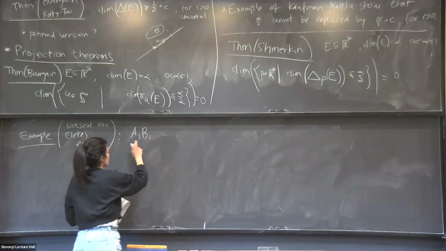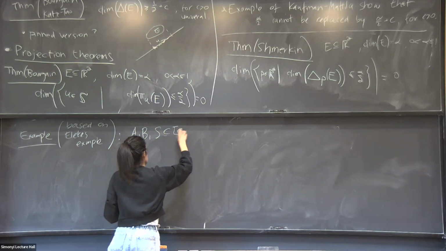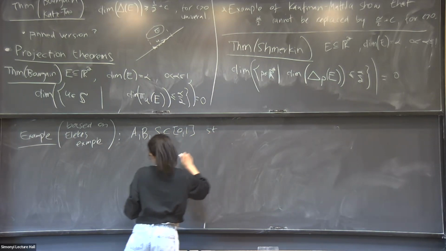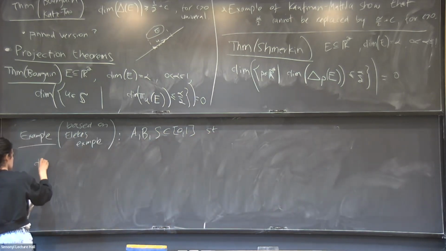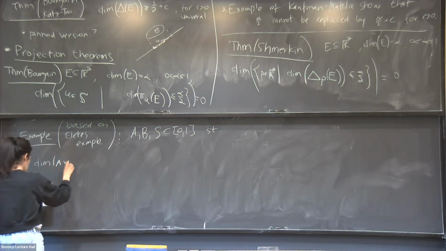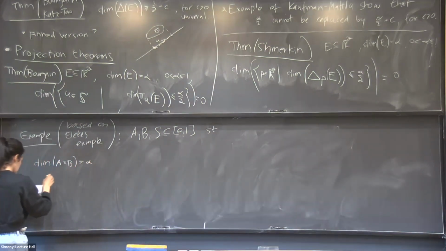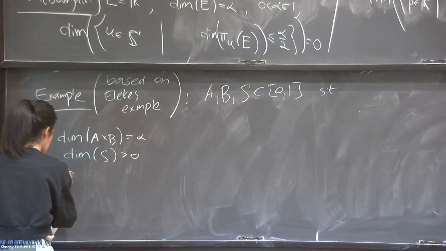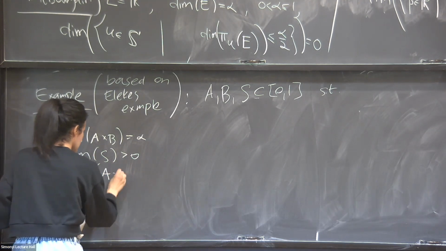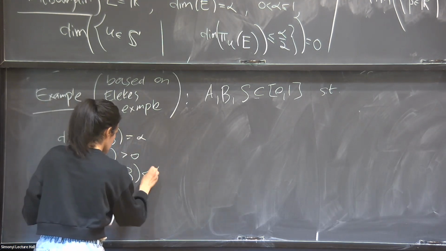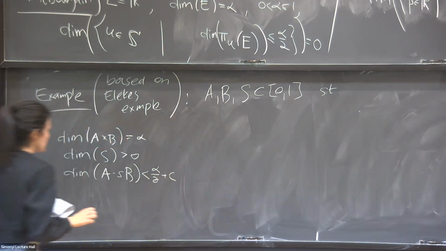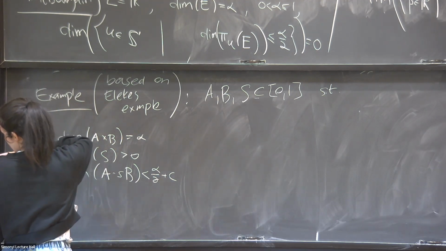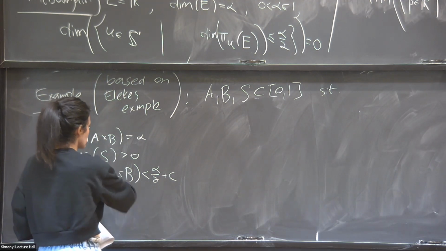So let's take A, B, and the set S in the interval [0, 1], such that the dimension of A times B is alpha, the dimension of S is positive, and the dimension of (A minus s) times B is less than alpha over 2 plus c. So you're going to ask me how to find such a set. This can be found in the paper of Kaufman and Mattila, so I'm not going to give the details here.